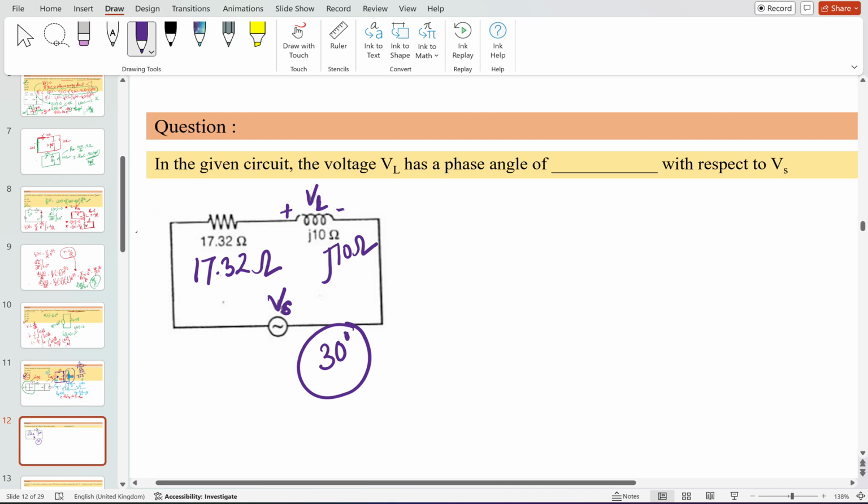Sir, 90, sir. Okay, I got one more answer as 90 degrees. Let's check which option is correct.